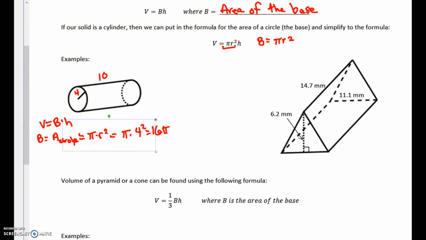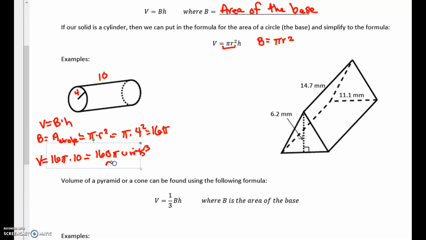And then we know that my height is 10. So volume equals capital B, which we found to be 16 pi, times a height of 10. Well, that means I get 160 pi, and this is going to be units cubed.